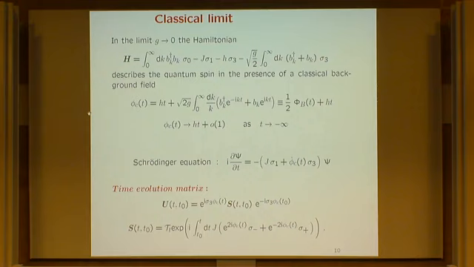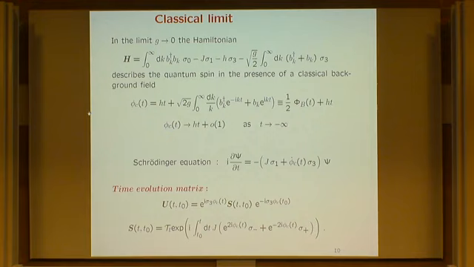The problem is discussed in probably most textbooks on quantum mechanics. We have a constant field along the x direction, and also a time-dependent component along the z direction, and the question is what happens with the spin, right?